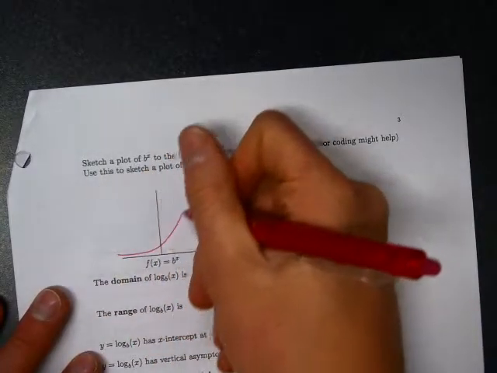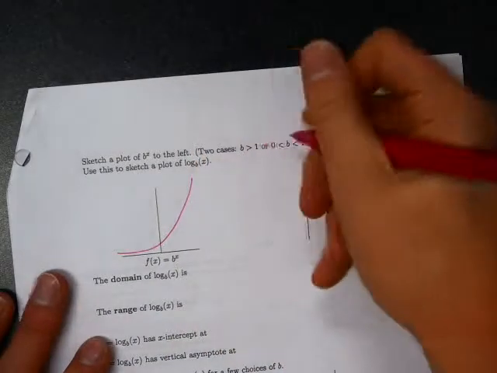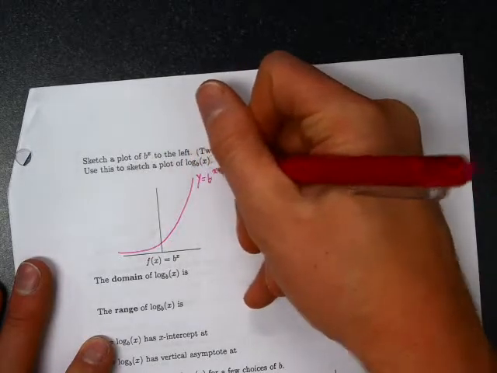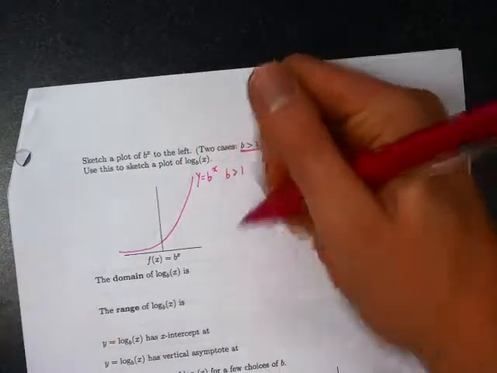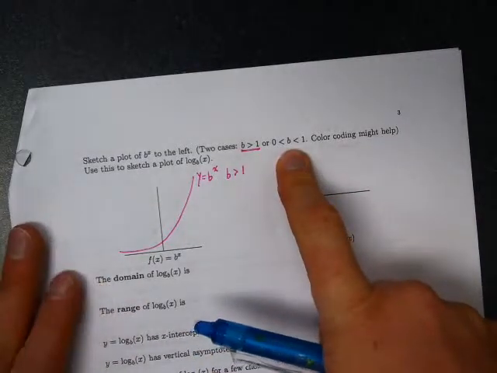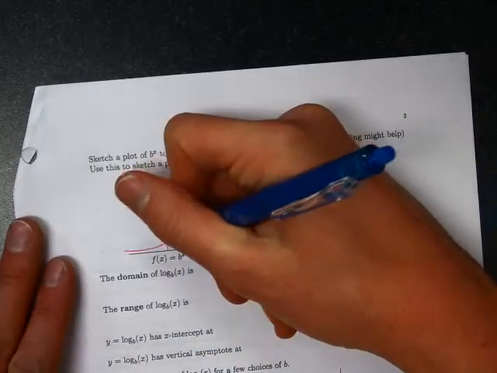Like you would make like hand motions, but since you're looking at me and I'm looking at you, our hand motions will like be opposite. Here, I got you. So it'll be something like that. So there's the case b is bigger than 1. And if b is less than 1, but still bigger than 0, otherwise you can't think about that exponential function.